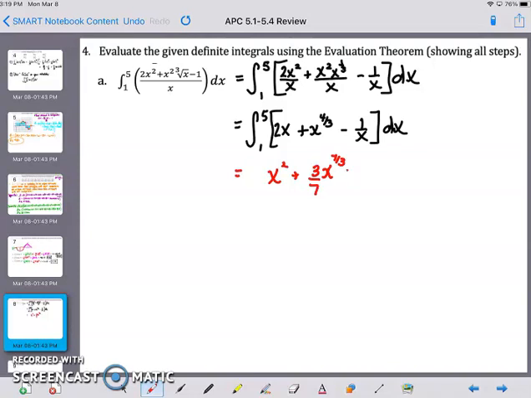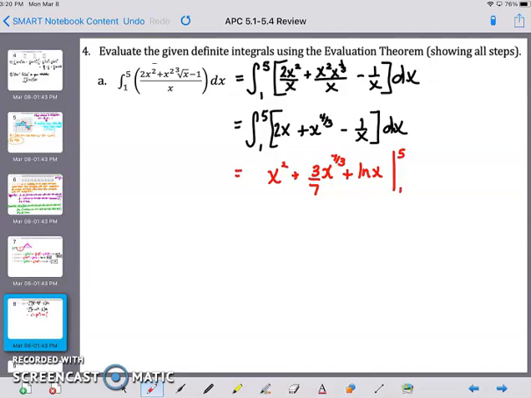And then, as I was just mentioning before, 1 over x is a known derivative for us, and that is the derivative of natural log x. So then the integral of 1 over x is going to be ln x. And again, I am evaluating this from 1 to 5.